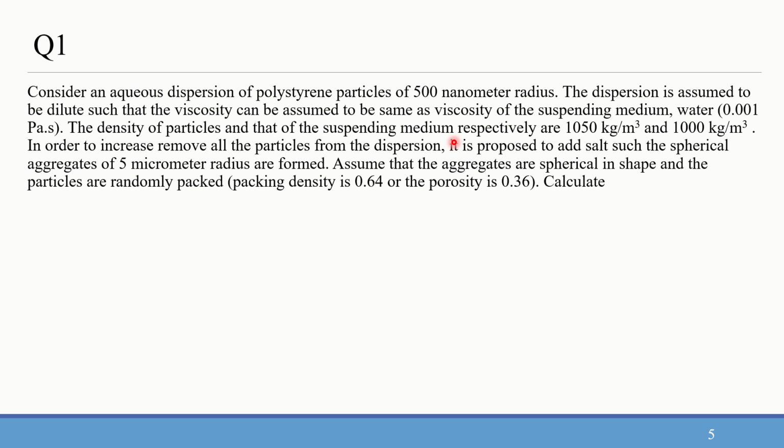In order to increase removal of the particles from the dispersion, it is proposed to add salt such that spherical aggregates of 5 micrometer radius are formed. Assume that the aggregates are spherical in shape and particles are randomly packed. Packing density is 0.64 and porosity is 0.36. We have to calculate the settling velocity of polystyrene particles in micrometer per second.